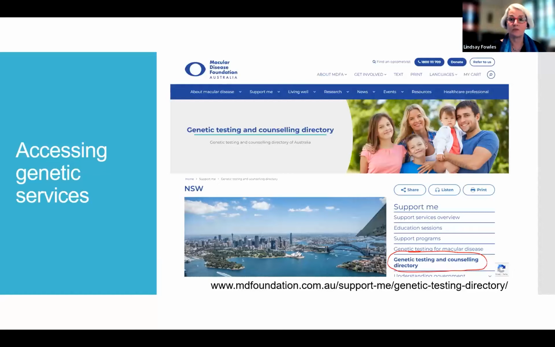I recommend it; they've done a very good job putting that together. Now, every state has a public health genetic service. There are more and more private services coming online. But if you do go to the public health service, and the public health services are all very good, you'll have no out-of-pocket expenses for your genetics appointment or testing if it's clinically indicated.